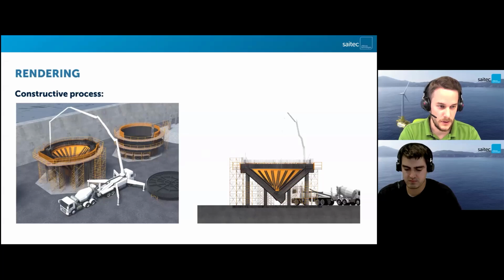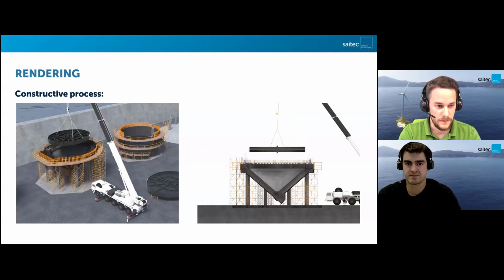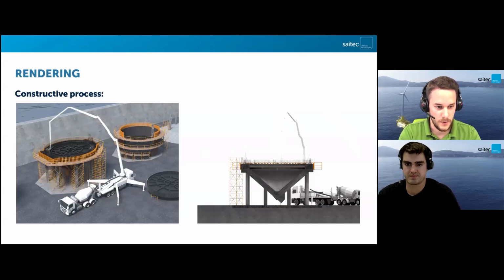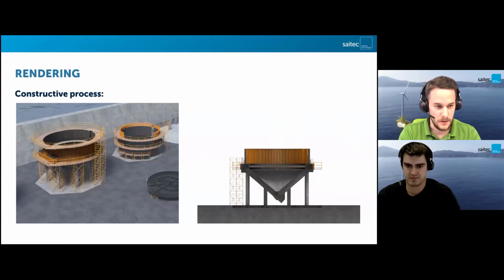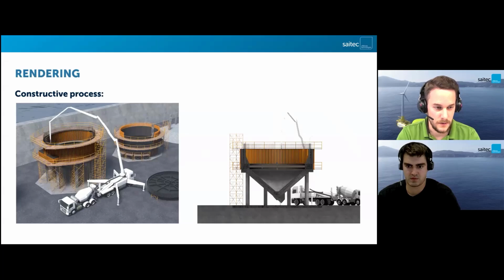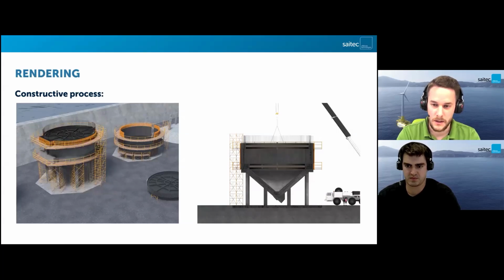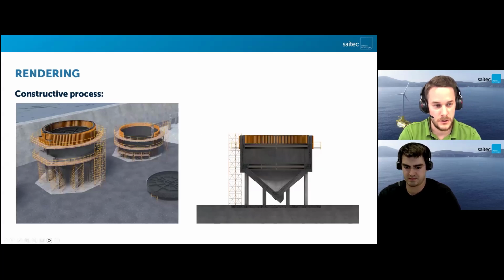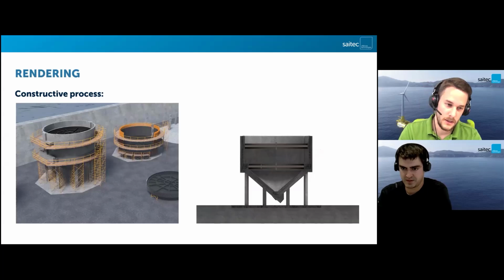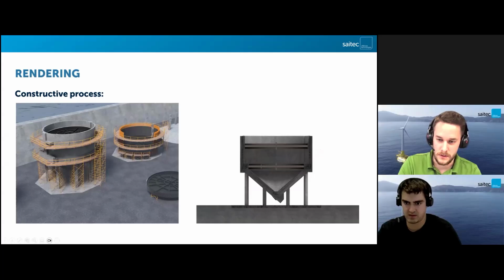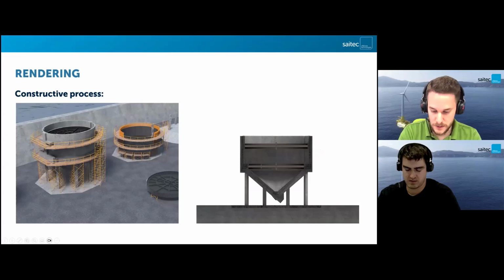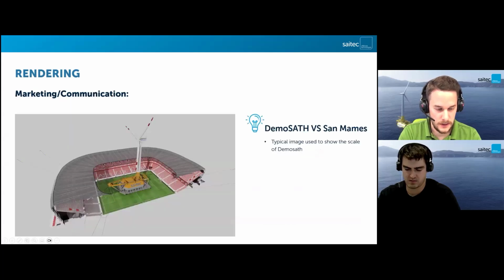We pour the concrete, we set the first bulkhead, and we pour concrete again. We continue this process so we can see the different stages of this process, until here we can see again another bulkhead, until we get to the final piece that is this. You can see here, and it was constructed like that.